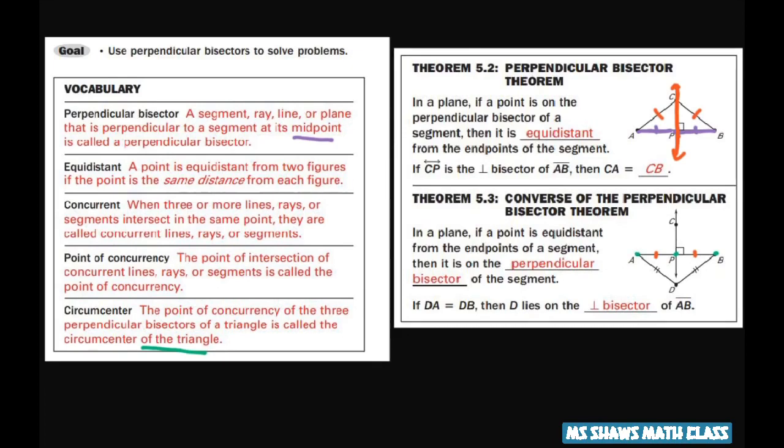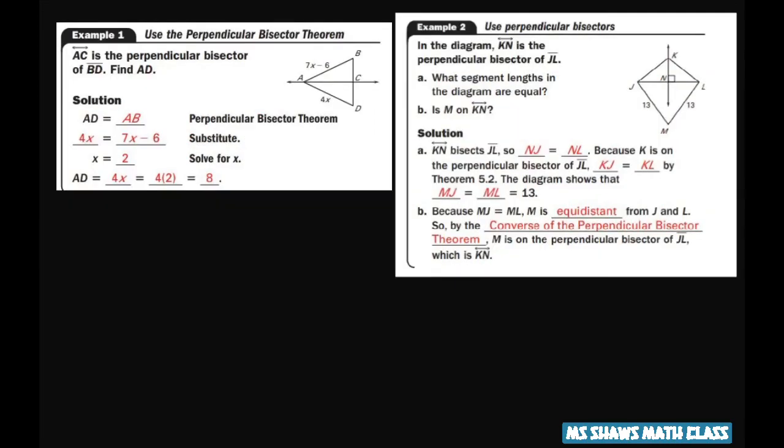So it is on this perpendicular bisector. If DA equals DB, then D also lies on the perpendicular bisector of AB, because this bisects this line. So we get to some examples.